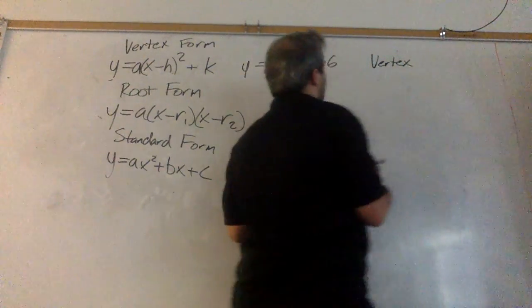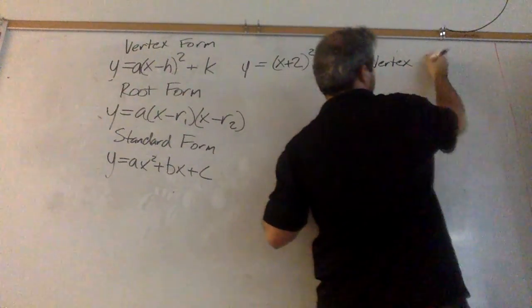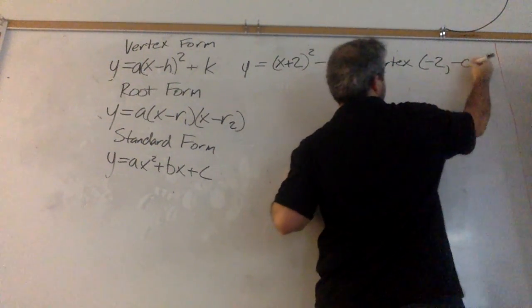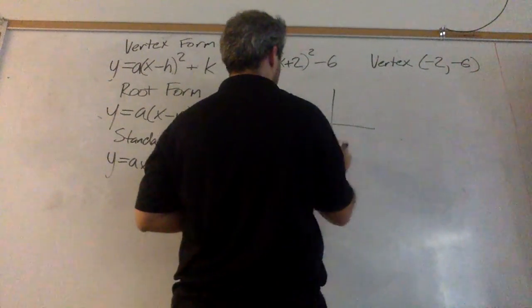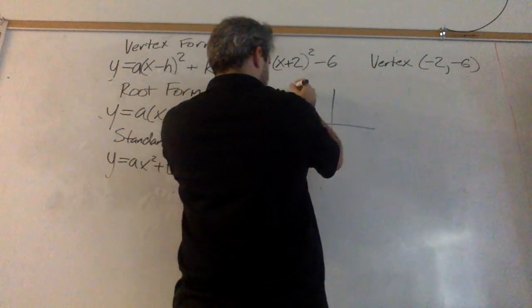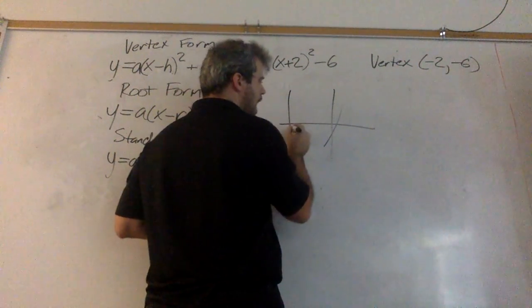Let's go ahead and find the vertex. Flip that sign so it's -2, -6. Okay, so -2, -6. Not my best drawing there, sorry.